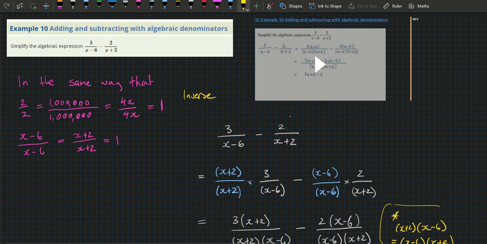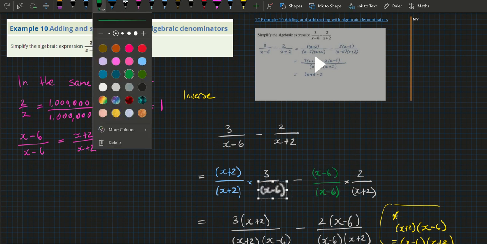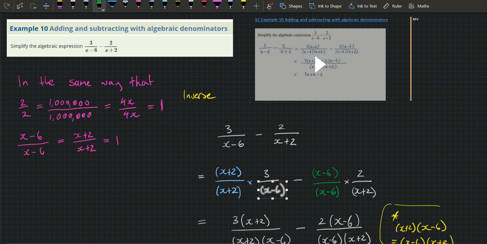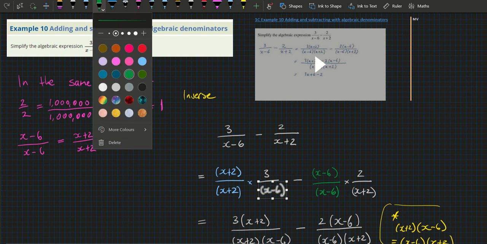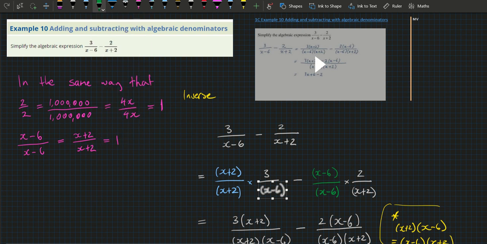So let me make this more obvious to people who read it a bit later. Because it's the opposite side like that, that's why I was using that. I'm just going to highlight it green.